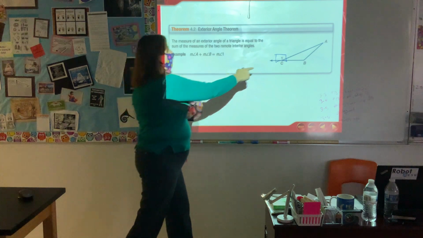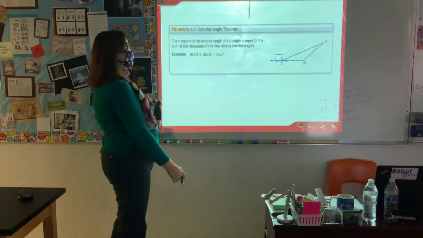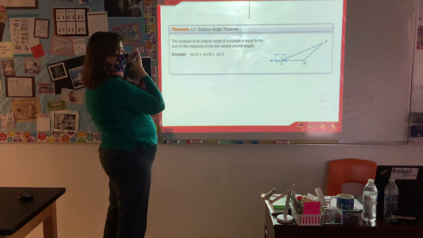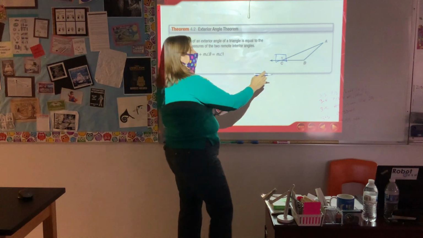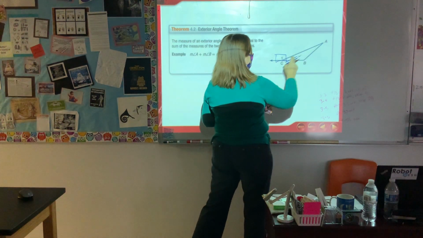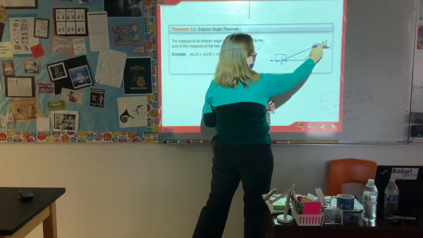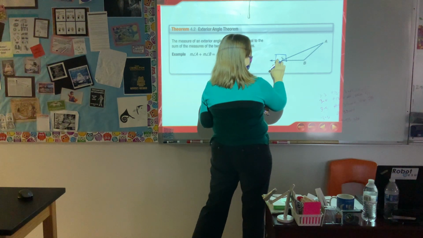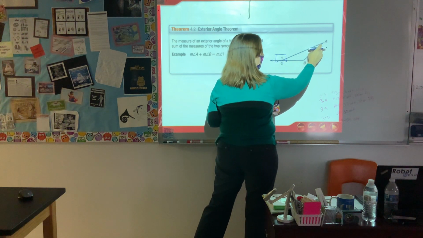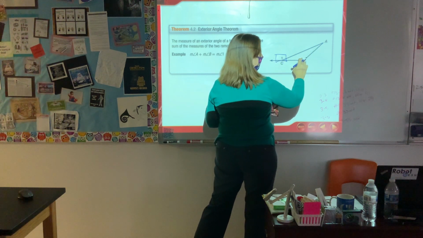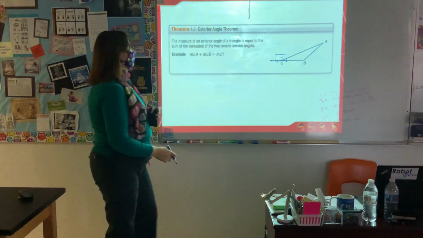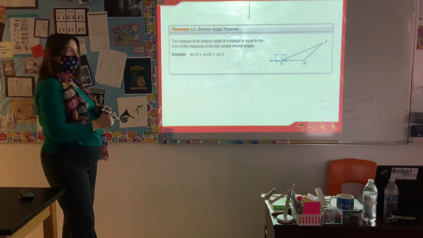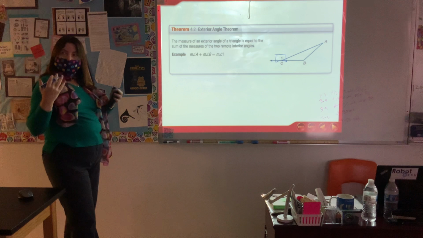Now this angle is equal to the sum of the measure of the other two angles that are opposite. These are the interior angles. So if I want to find the measure of angle 1, I add up the angle at A and the angle at B. That's literally how we do it.